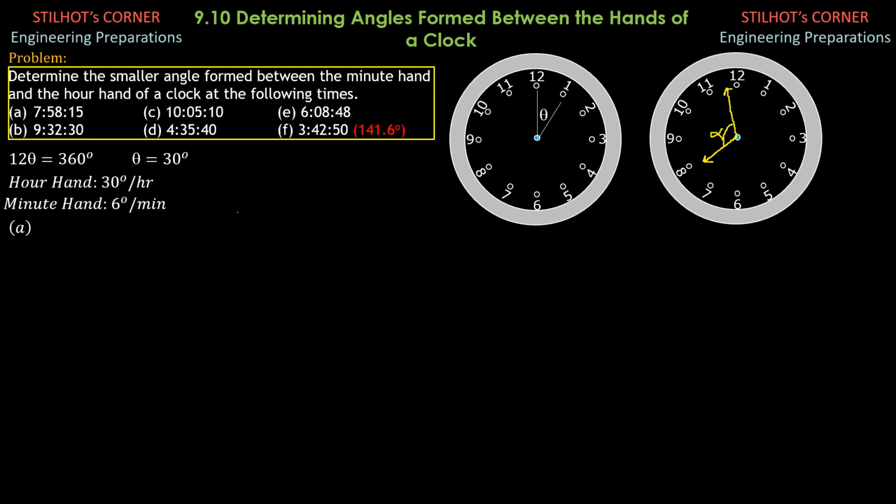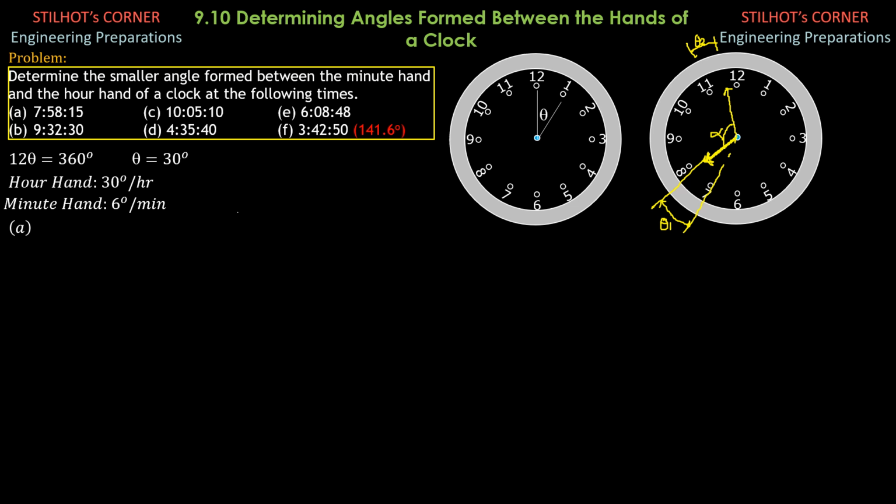That's the required angle. The hour hand was pointing to the 7th mark, so the angle between the 7th mark and the tip of the hour hand at its final position, I'll call theta 1. And between the 11th mark and the minute hand, I'll call that theta 2.